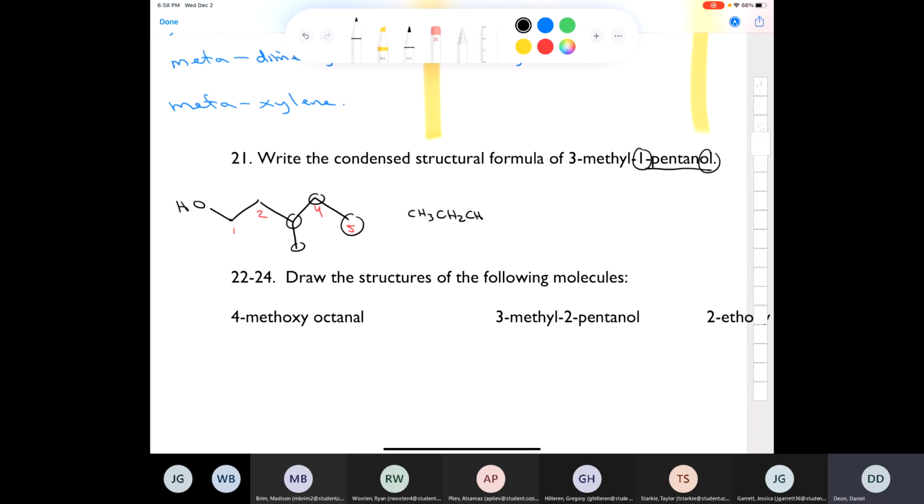Okay, it's got a methyl group attached to it. Since the methyl is smaller, I'm going to put it in brackets like that. Next, I have another methylene. And I have another methylene. And then I have my hydroxyl, like that. So there you go. That's the condensed structural formula of that compound.